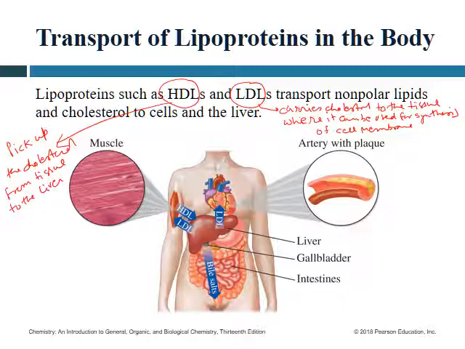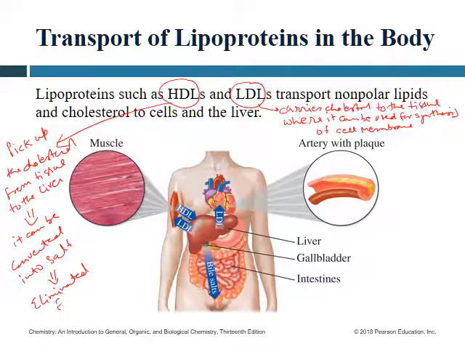Where it can be converted into bile salt, and that can be eliminated from the body. So basically LDL normally carries the cholesterol to the tissue where the tissue needs the cholesterol to make some other component of the cell, like synthesis of cell membrane.